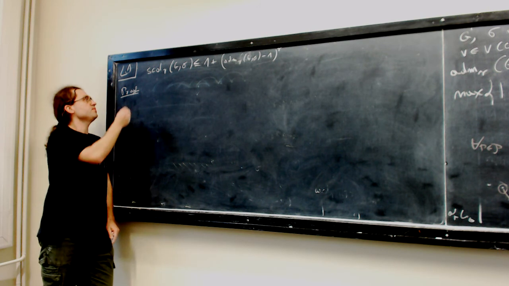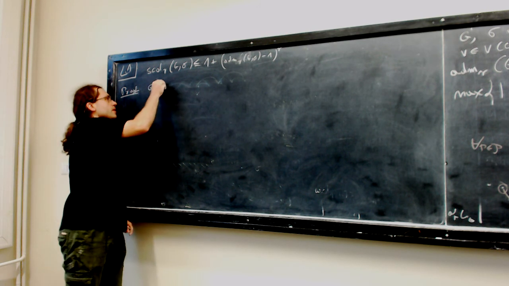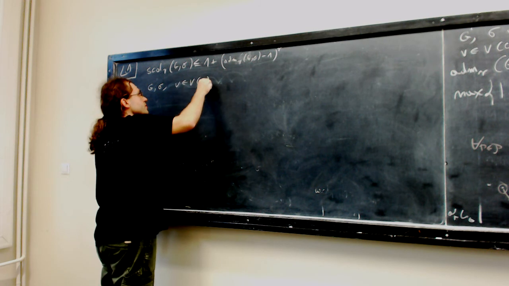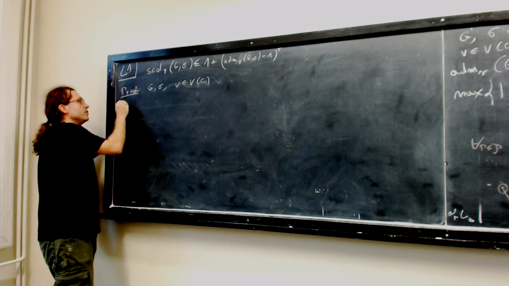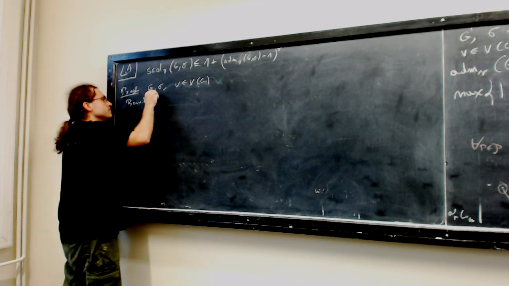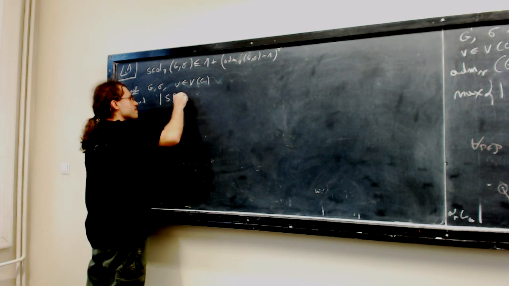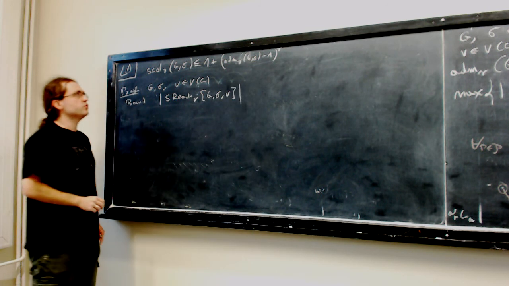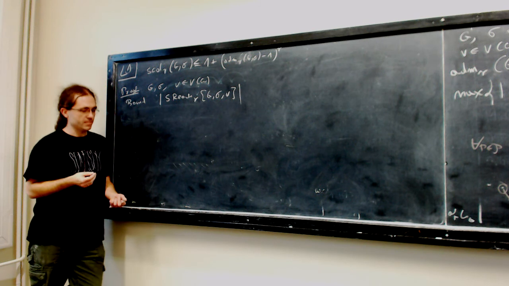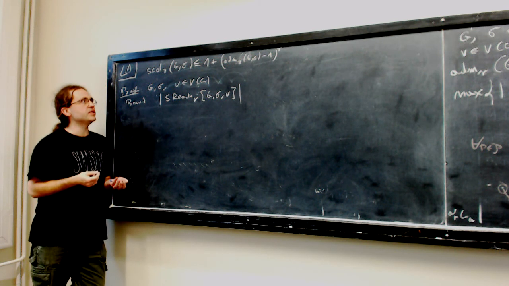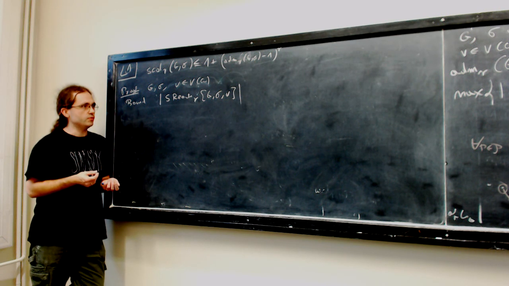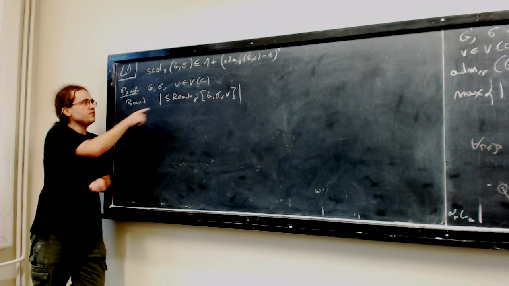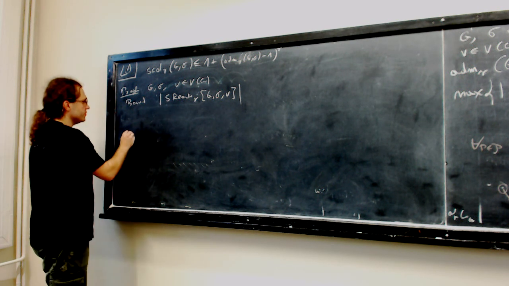So we fix G sigma, we take some vertex V of G, and we want to bound the size of the strongly reachable set. I will use the admissibility bound for many vertices. So what I want to do is somehow canonize these paths. Like every vertex in the strongly reachable set, we have this ordering.